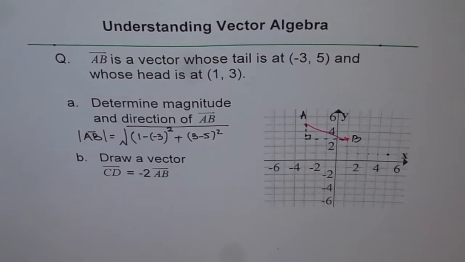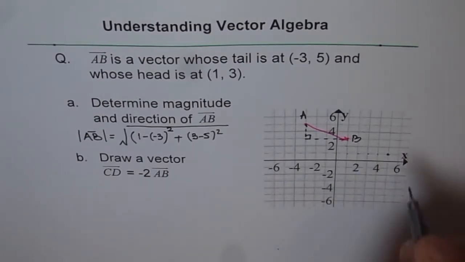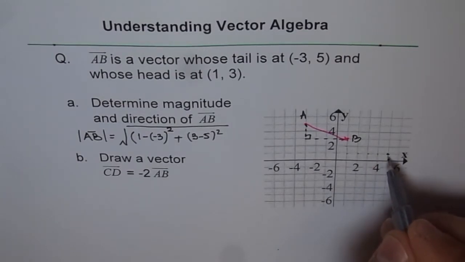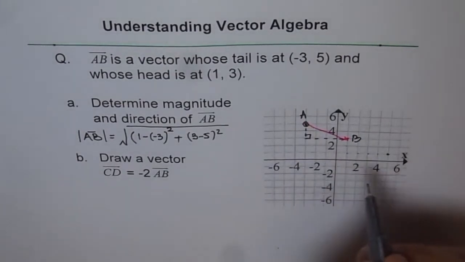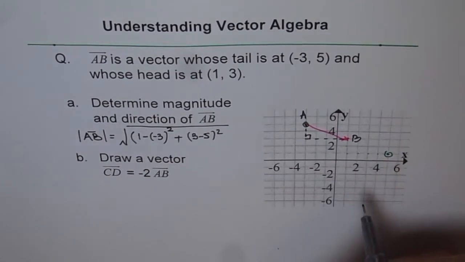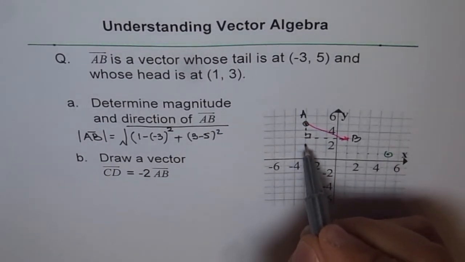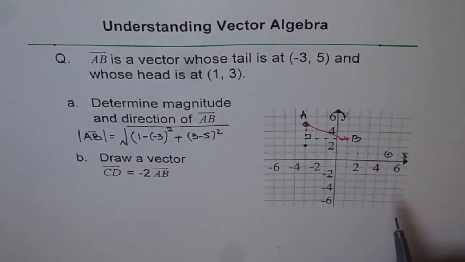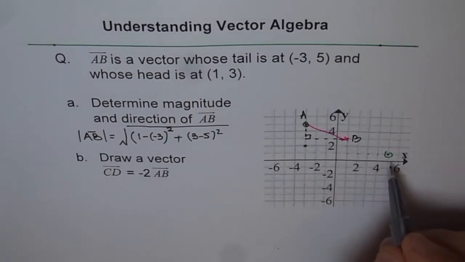-2AB from here, right? It is important to note that we don't necessarily have to draw the vector in the same position. We can change the position. So let me take both these points and move them 3 units down, 1, 2, 3. So that is my final point for the vector CD, 3 units down.